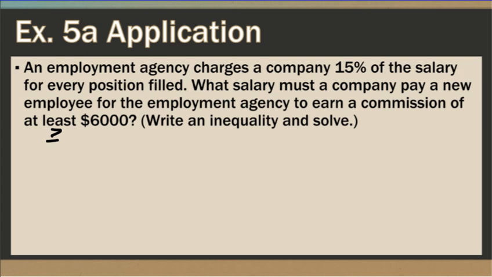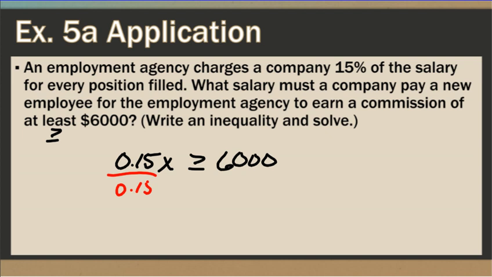So 15%, we'll write it as a decimal, so 0.15. I use the variable x for the salary. So 15% of the salary has to be greater than or equal to $6,000. Now we can solve. Divide by 0.15 on both sides.